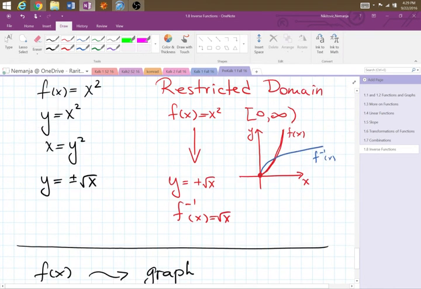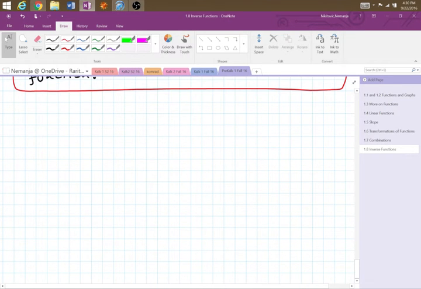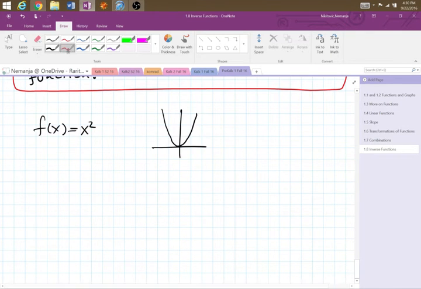Because, guys, why go through all of these calculations, even for x squared, which is the cheapest one of all, if you can just say, okay, f of x is given as x squared, its graph looks like this. If I draw a horizontal line test, it fails, which means no inverse function. It has an inverse, we know that it has an inverse. The inverse was plus minus square root of x.